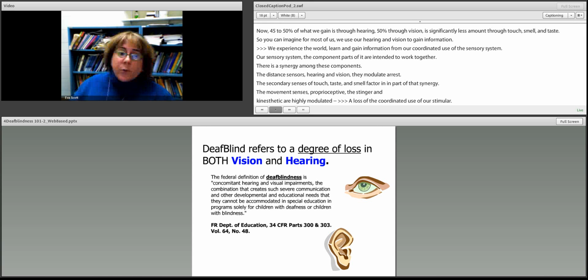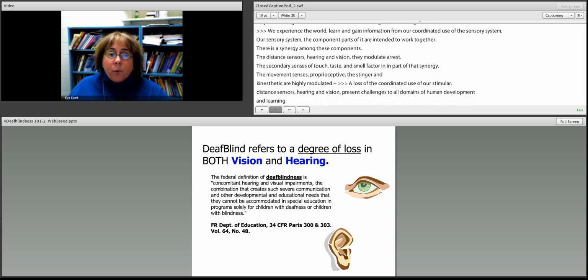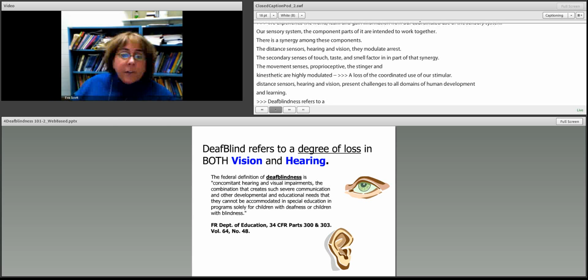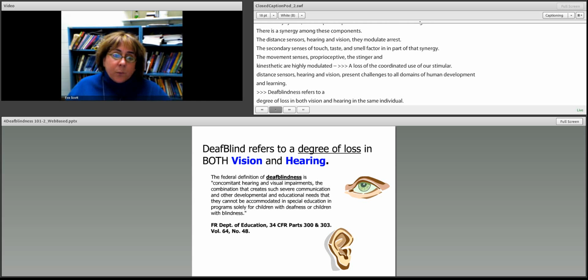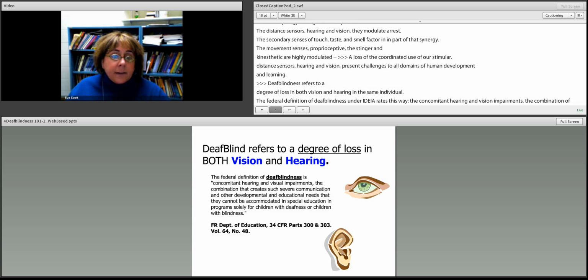Deafblindness refers to a degree of loss in both vision and hearing in the same individual. The federal definition of deafblindness under IDEIA reads this way: the concomitant hearing and vision impairments, the combination of which create such severe communication and other developmental and educational needs that they cannot be accommodated in special education programs solely for children with deafness or children with blindness.